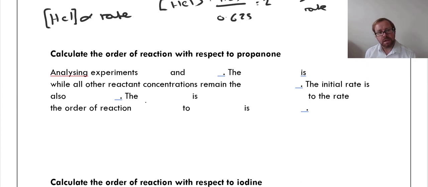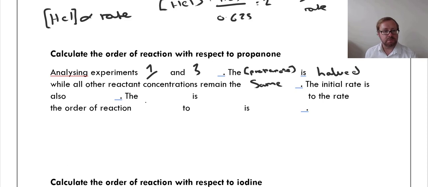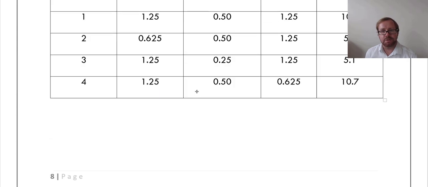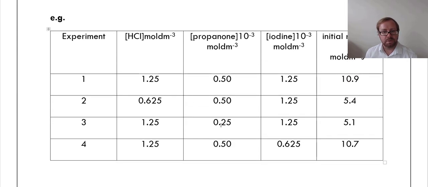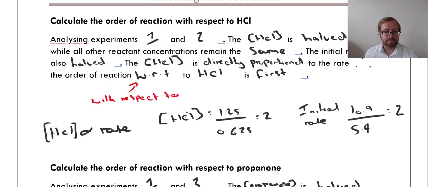Therefore, analysing experiments 1 and 3, the concentration of my propanone is halved, while all other reactant concentrations remain the same. The initial rate is also halved. Let's just check to make sure that's true. 0.5, 0.25 halved, 10.9 to 5.1 halved.